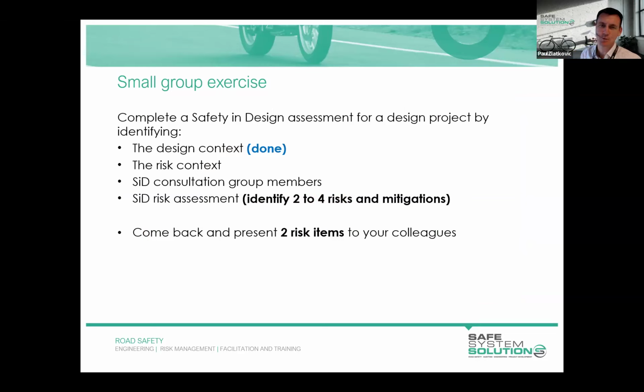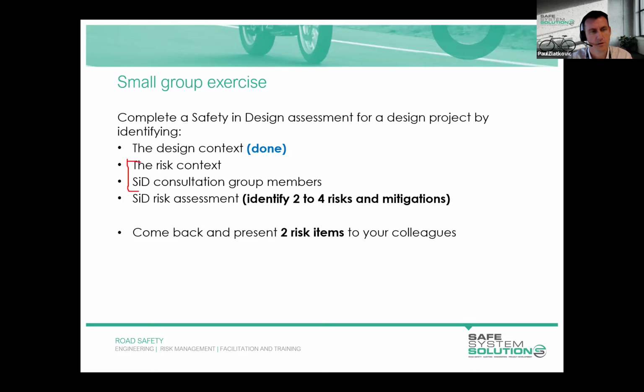Okay, so that was our break. So this is our small group exercise. These dot points here are just the steps that I went through before the break. So in the Word document that you will access in the LMS, the design context is populated there for you. You'll identify the risk context, and you'll identify safety and design consultation group members.